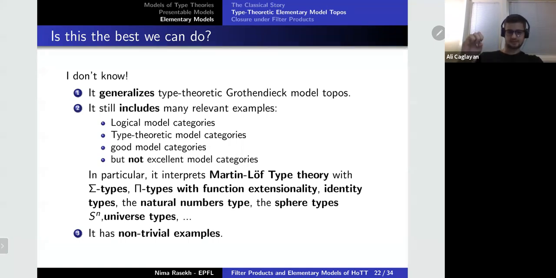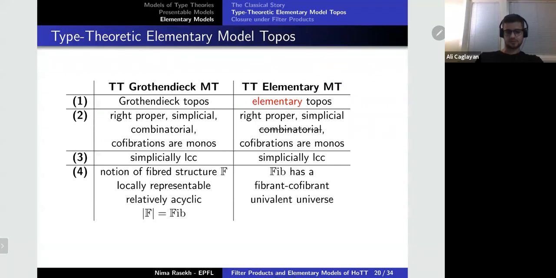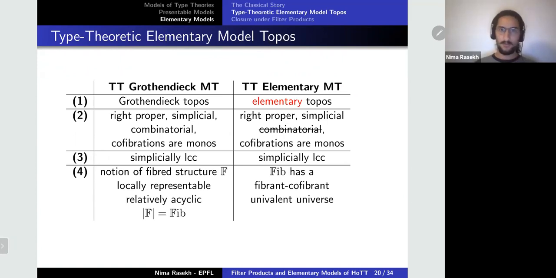Did I misunderstand? If you go back one slide. Yes, that is here. I'm not assuming a natural numbers object, if that is what you're asking. But my claim is you can prove it in this case. Okay, does that answer your question?